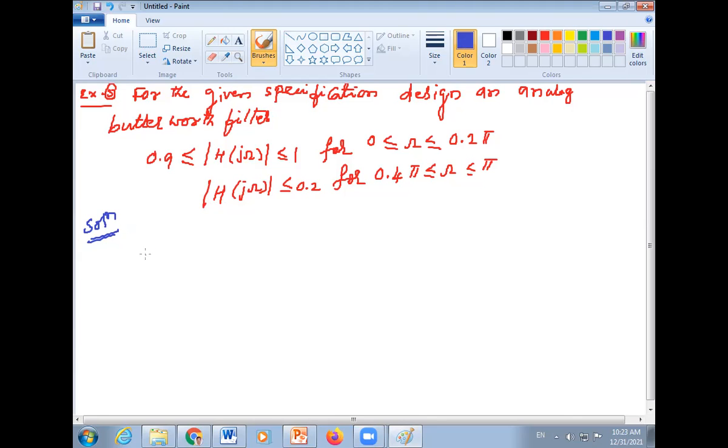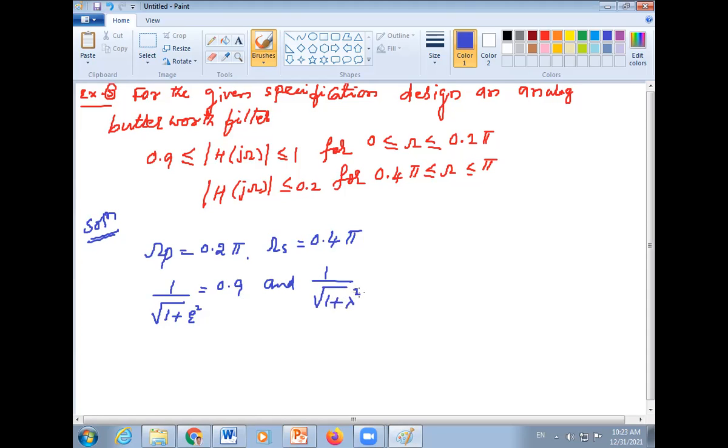For the given equation, omega p is equal to 0.2 pi, whereas omega s is equal to 0.4 pi, and the value of 1 divided by square root of 1 plus epsilon square will be equal to 0.9, and 1 divided by square root of 1 plus lambda square is equal to 0.2.